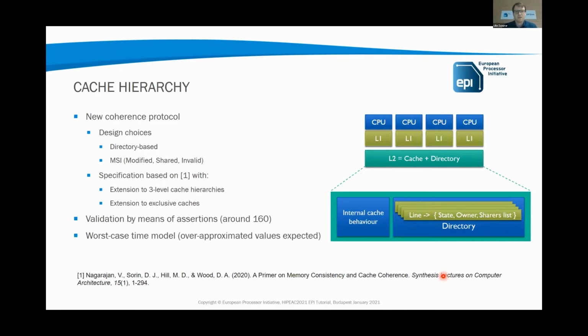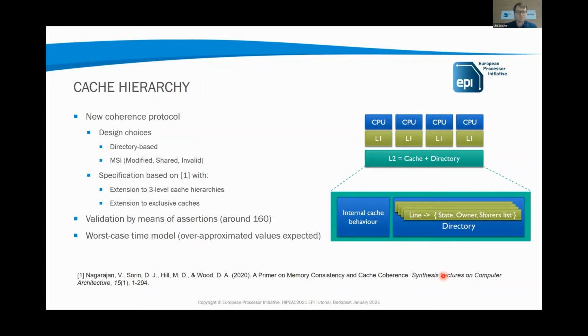It is also to be noted that though the statistics are accurate on this coherence protocol modeling, the timing impact of the coherence is an overestimation due to the fact that this is a worst-case time model. So penalties are fully taken into the system, and this does not account for reordering, prefetching, or out-of-order execution. So this is something we want to really work more on in the future to better fit timing simulation to the EPI needs.